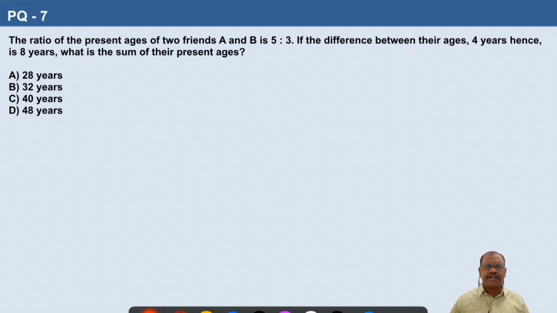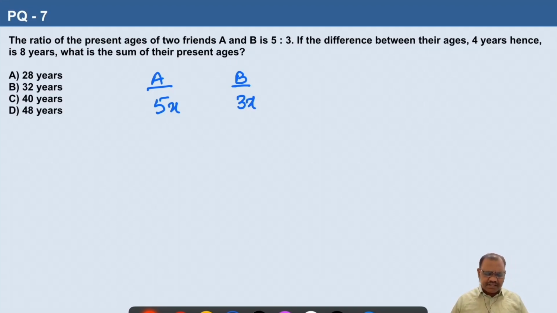Question number 7. The ratio of the present ages of two friends A and B is 5 is to 3. So we can assume 5x and 3x.